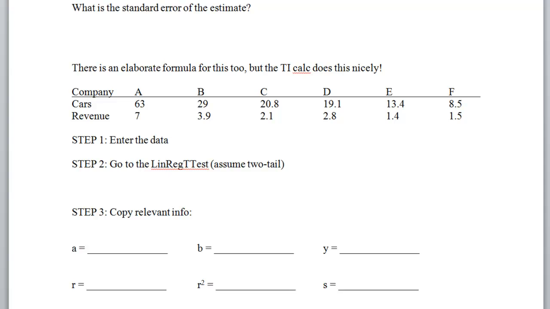All right. Now, we are finally here at the end, which is the standard error of the estimate. And this is kind of a neat little trick, because let me show you what this does.